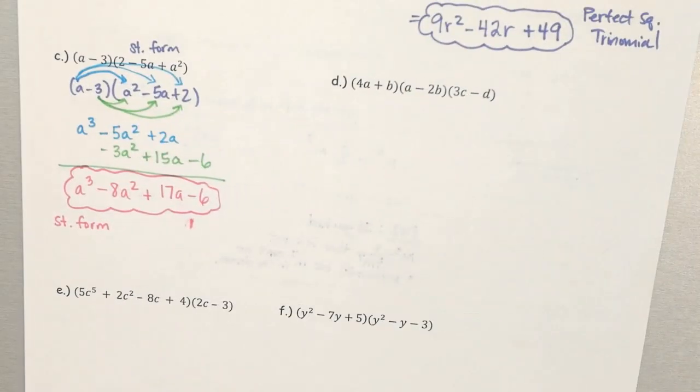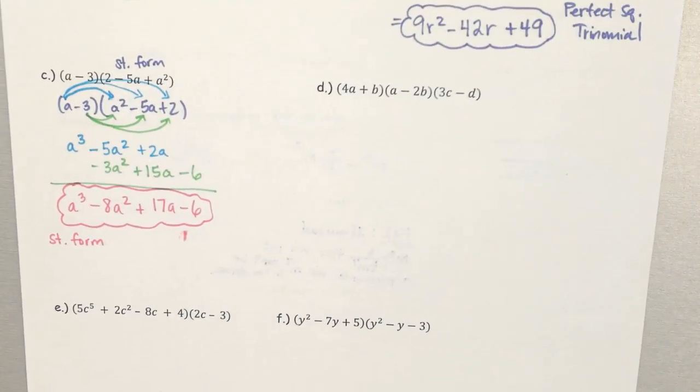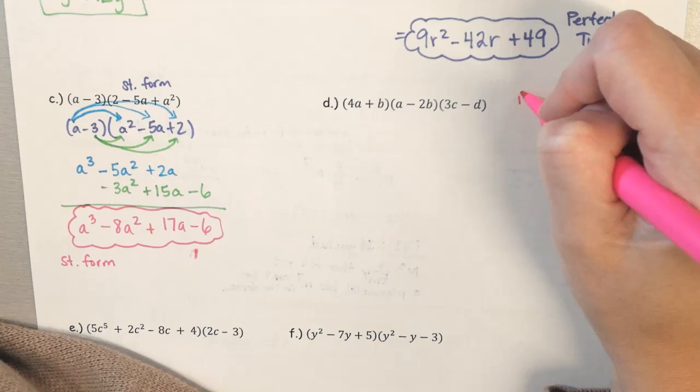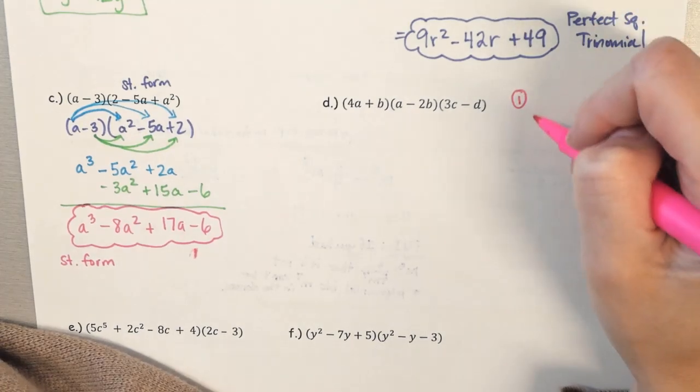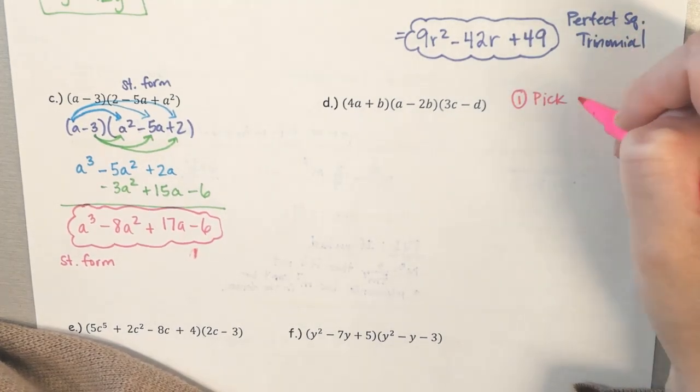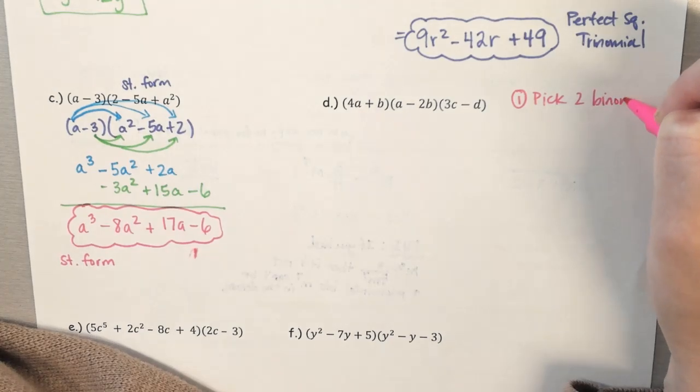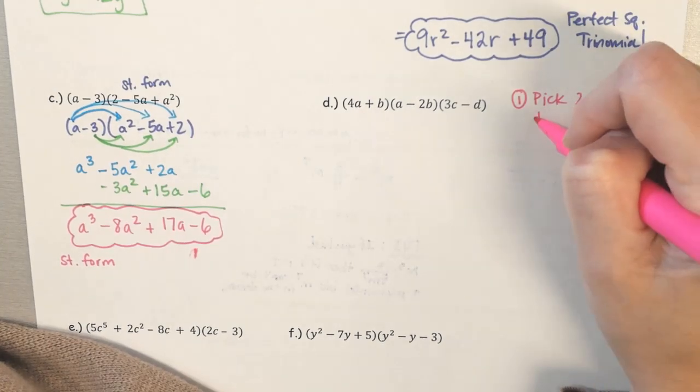All right, now for part D, we have 3 binomials. So we're going to have to do FOIL first. So you can pick which 2 you want to FOIL. I would pick the ones that have the same variables because it's going to be a little bit easier. So your first step is to pick 2 binomials to FOIL.